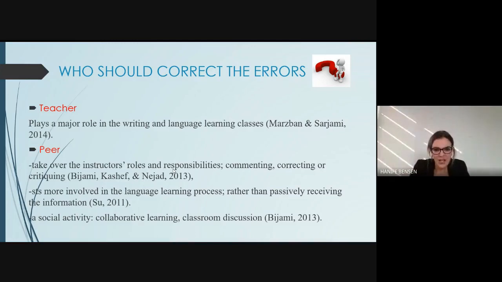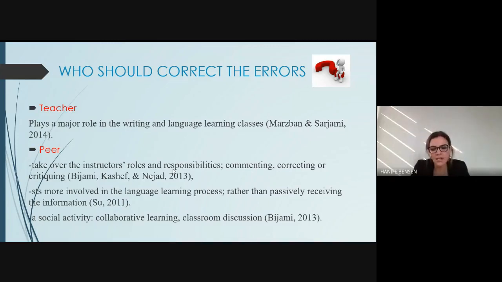Another agent that I was talking about is peer. Now, peer corrective feedback is actually very beneficial for the teacher as well, because peer correction takes the workload off the teacher. It takes over the instructional roles and responsibilities of the teacher, so the students' peers comment, correct, or criticize.